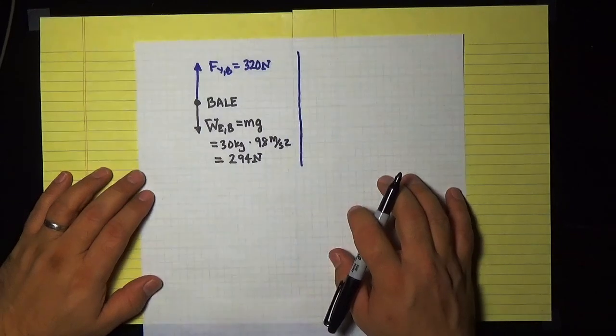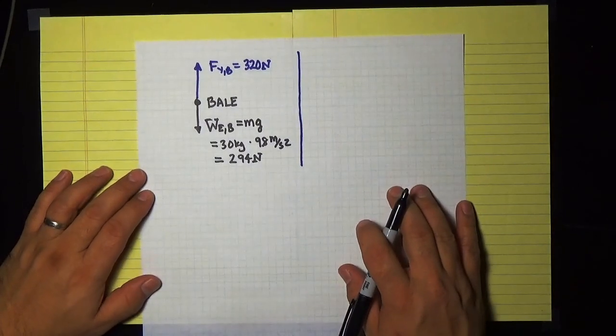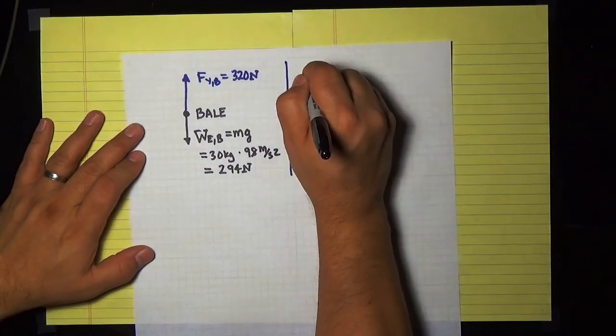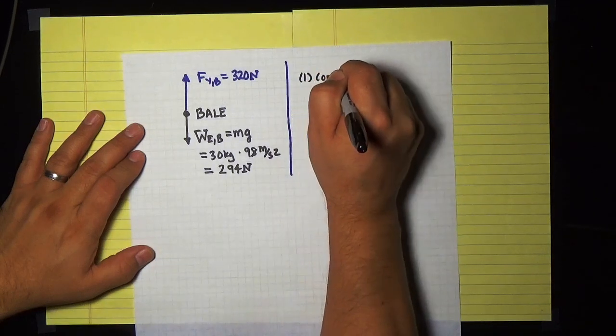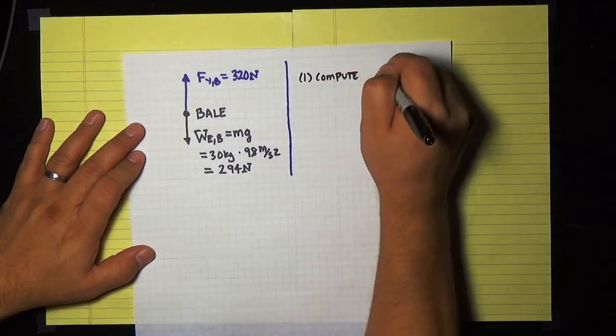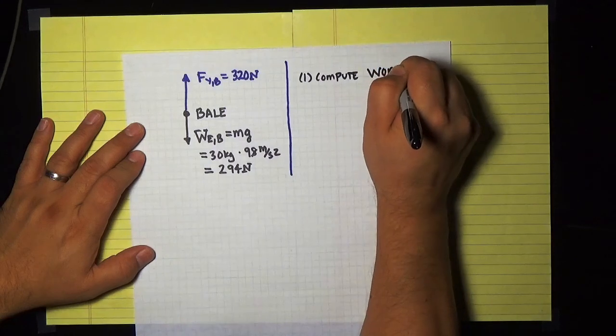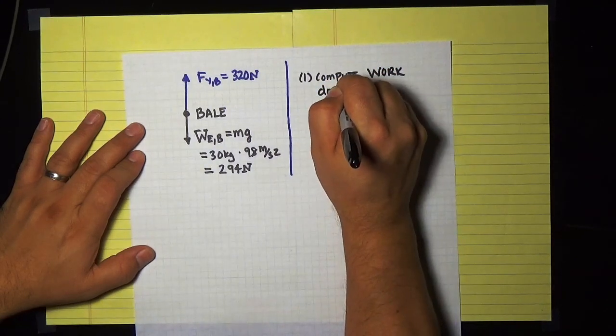Now, how are we going to use energy to get at what we want to know? What we want to know is, what is the final speed of the bale? Well, the way we're going to do it is, first we're going to compute the work done by each force.